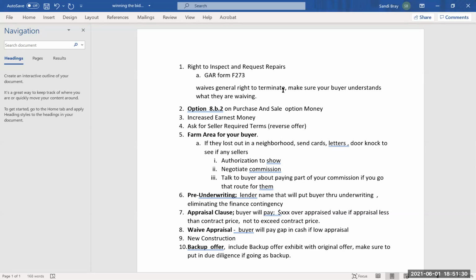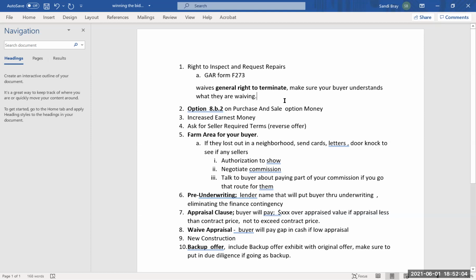Please make sure you read that paragraph in the GAR contract over and over again. Your right to terminate and your right to inspect are not the same thing. The general right to terminate goes along with a due diligence period. So when you waive that due diligence period and go with a right to inspect instead, you're still going to inspect, but you no longer have the general right to terminate, which is the right to cancel for any reason or no reason.